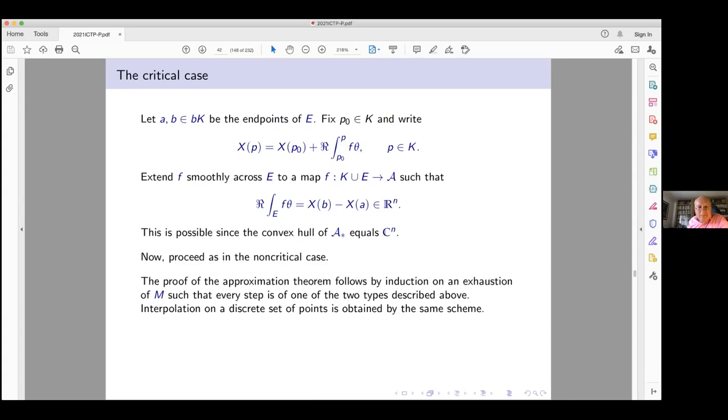And now, once I have these two steps, the proof finishes in the obvious way, namely you exhaust M, the Riemann surface, and you go by alternately applying these cases which we have considered, namely the non-critical and the critical case.